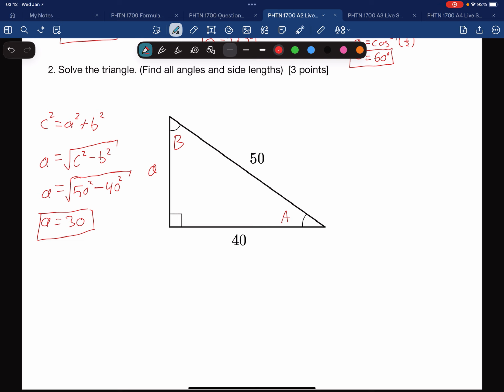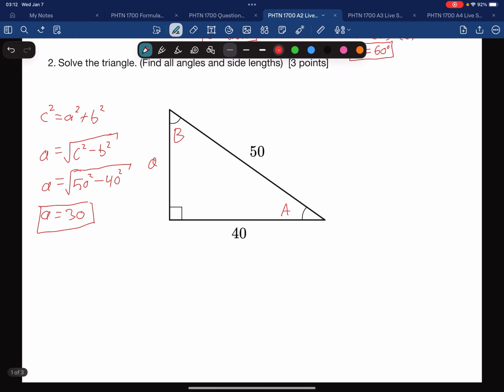So now we can go ahead and solve for B or A, doesn't really matter which. I'm going to go ahead and solve for angle A, and I will go ahead and use cosine. So I will say that the cosine of A is equal to, now this is the adjacent over the hypotenuse, so this is 40 over 50, and taking the inverse cosine of both sides, I get A is equal to the arc cosine of just 40 over 50.